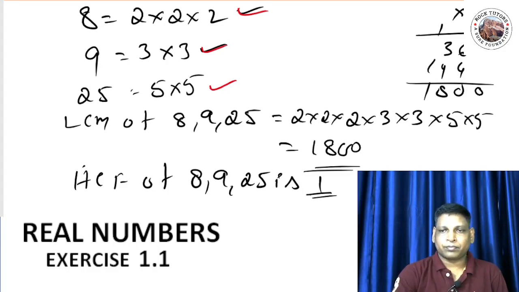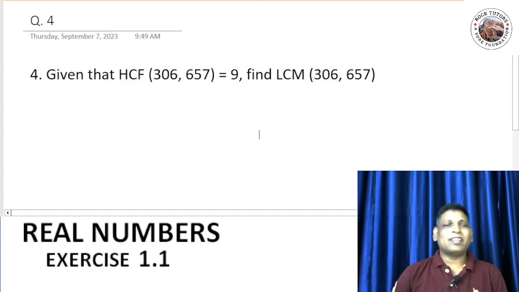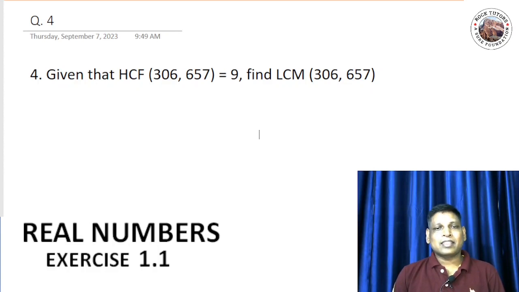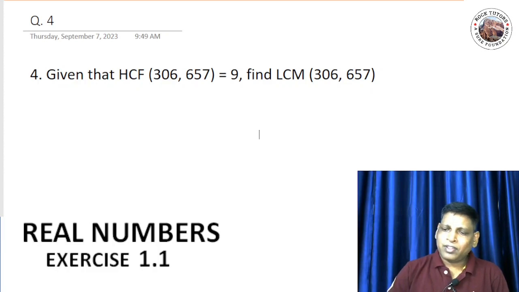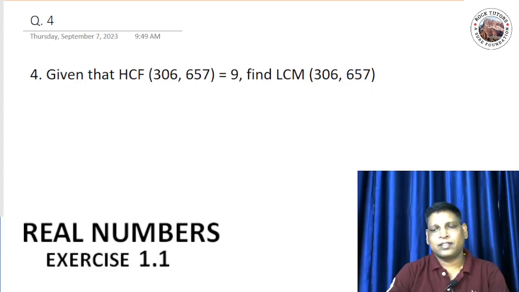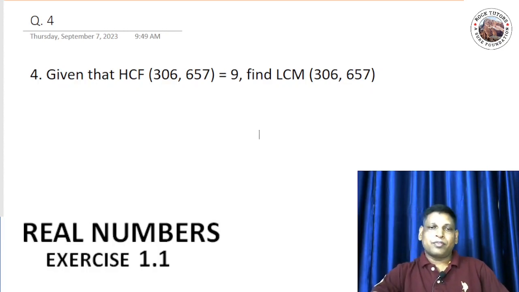Question number 4. Given that HCF of 306 and 657 is 9, find LCM. We know, as just now discussed in the previous question, the product of two numbers is equal to the product of HCF and LCM. Here HCF is given, find the LCM, and the two numbers are given in the question.